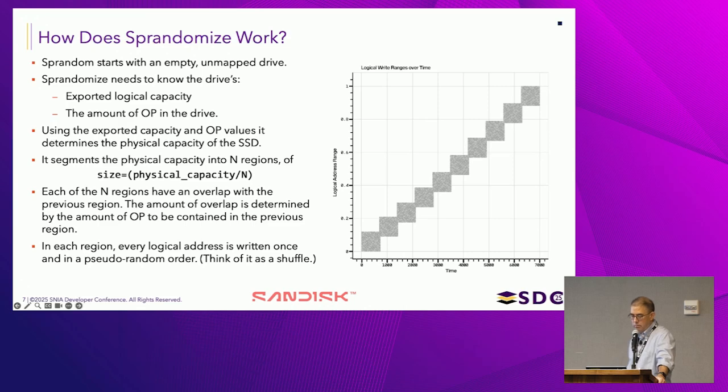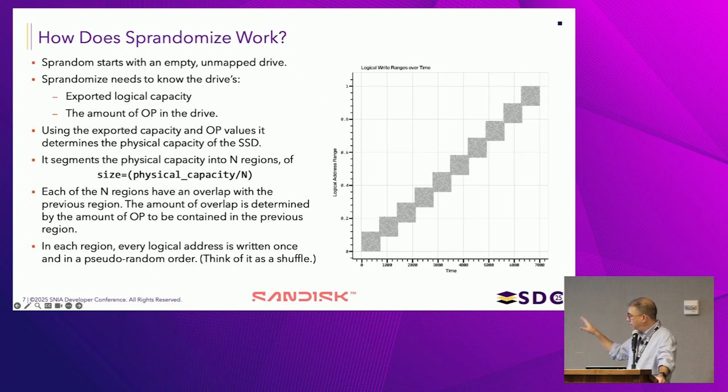So the way we do that, the first approach that we used, we did this using just FIO and its kind of off-the-shelf state. We divided the drive, in this example, into 10 physical regions.